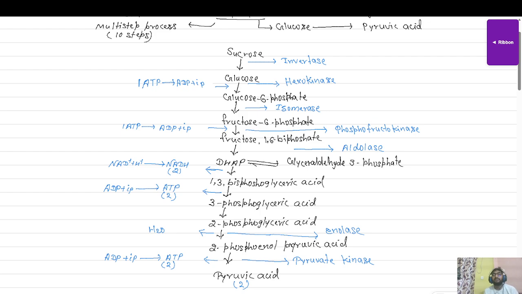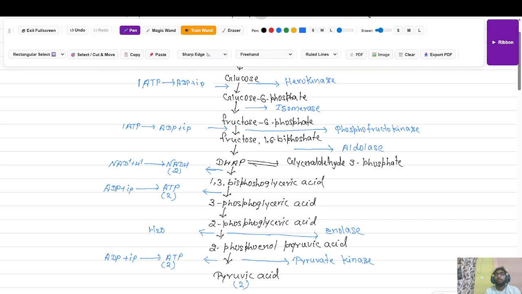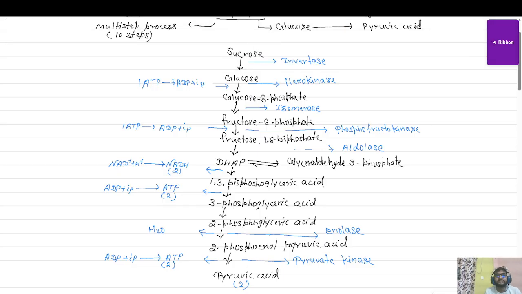Now here, basically we have to think about how many steps there are where the ATP is consumed, so we have to keep it in mind. In the case of the respiratory balance sheet, you will be asked for the steps where ATP has been synthesized.